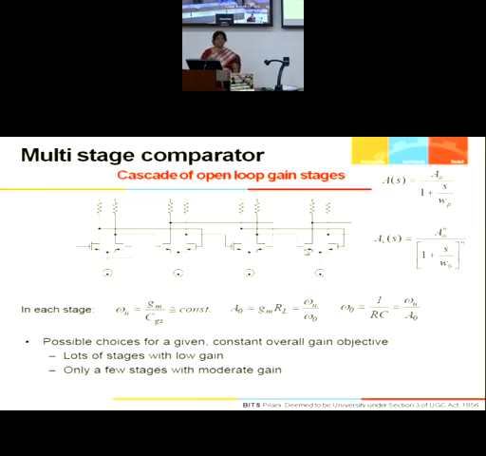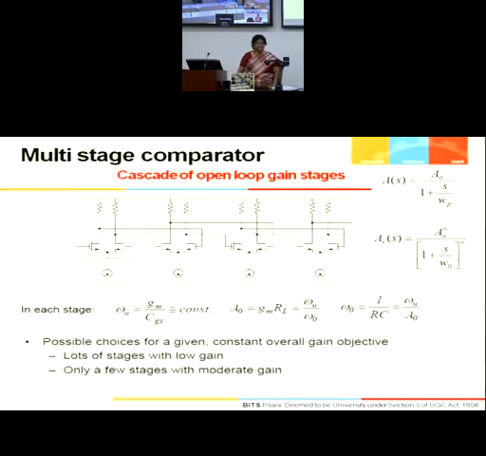So what I am doing here is that I am not going for a very high gain amplifier. Remember, we say that to have a good resolution I should have a very high gain, which I try to implement in one stage or two stages. Now I am saying, okay, let me not have one or two, let me have n stages. In that situation I will have n stages, but the gain per stage will be less.